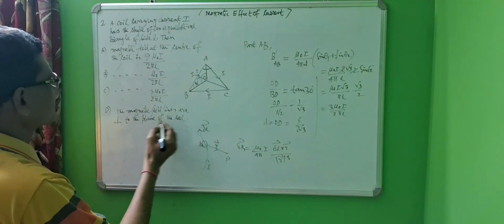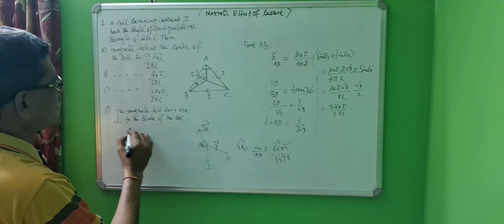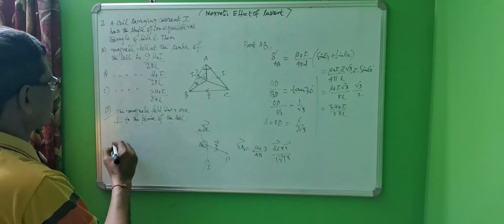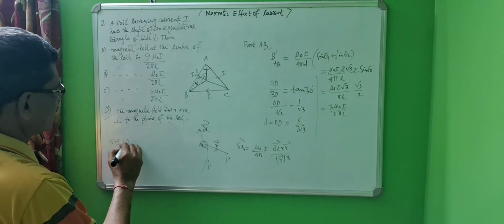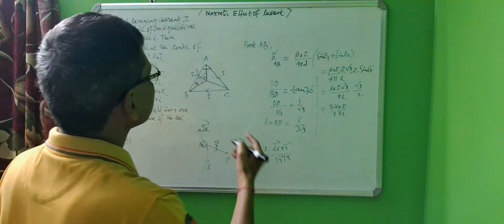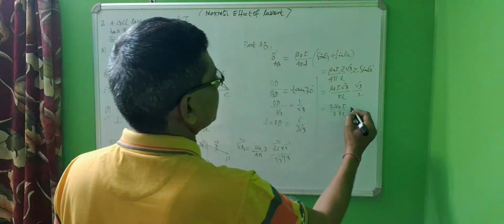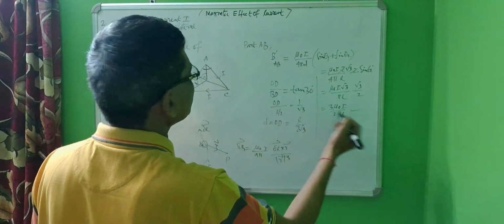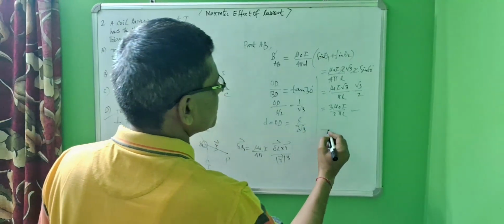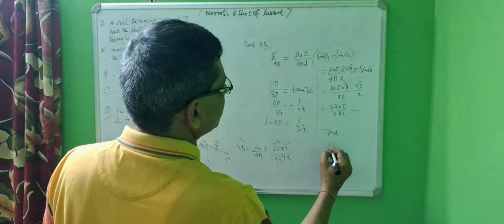So the magnetic field lines are perpendicular to the plane of the coil. So answer D is correct. Again, for this we get this, for this also we get this, so total B dash.